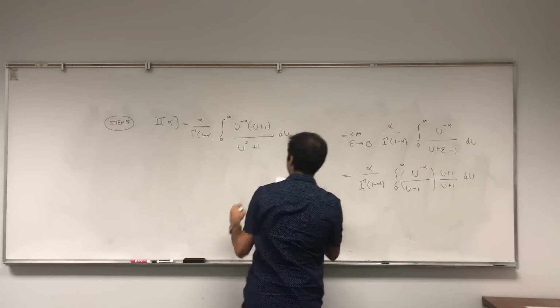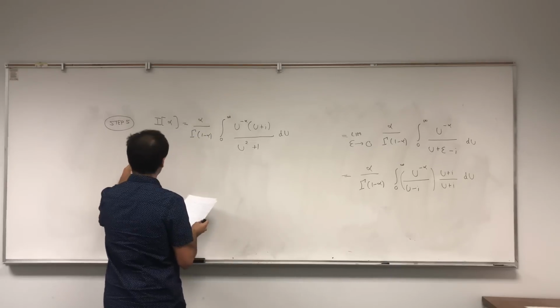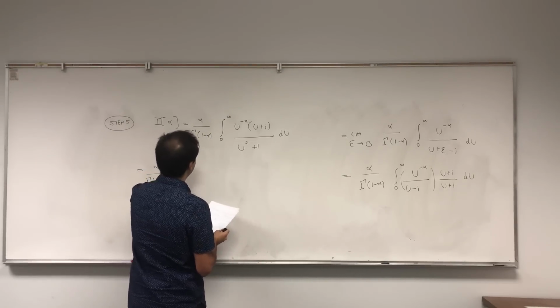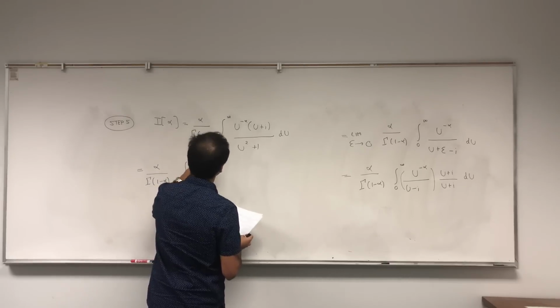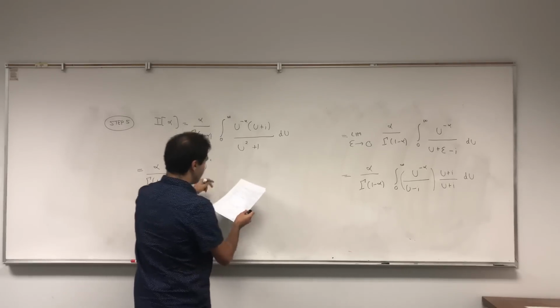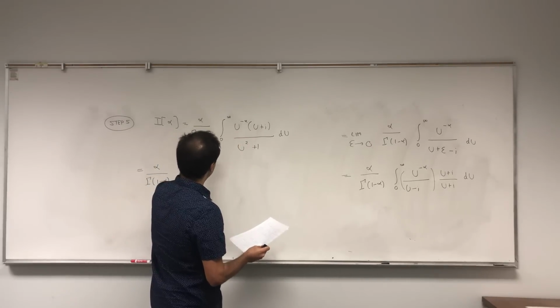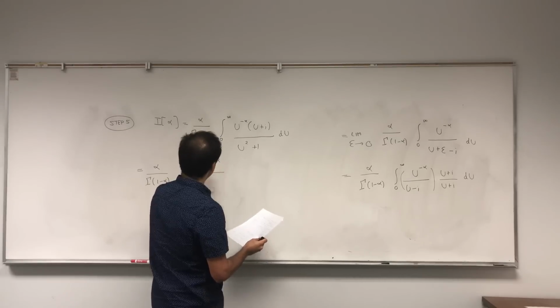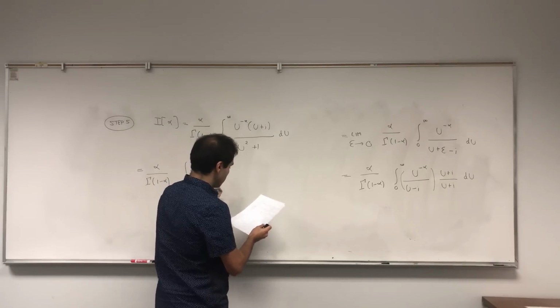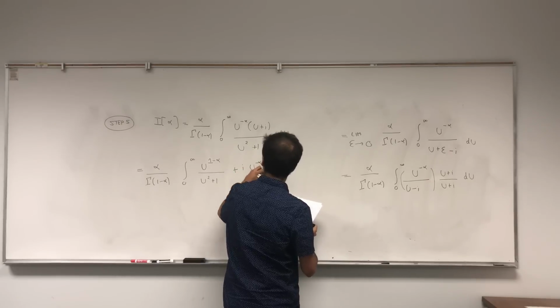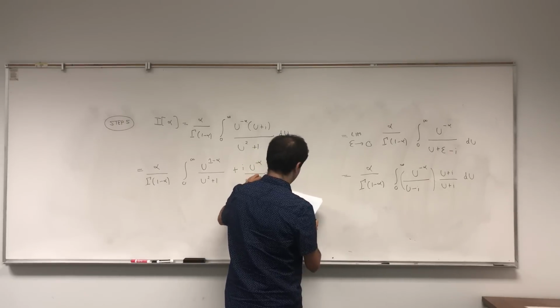du, which you can really separate into two integrals: alpha over gamma of 1 minus alpha, integral from 0 to infinity, u times u to the minus alpha, so u to the 1 minus alpha, over u squared plus 1, plus i times u to the minus alpha over u squared plus 1, du.